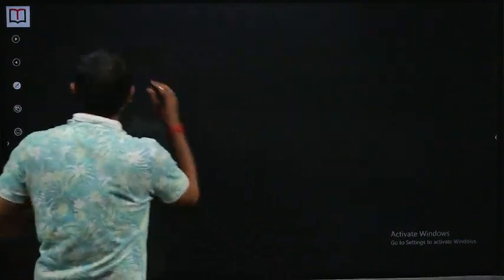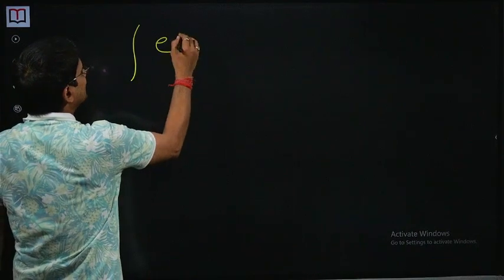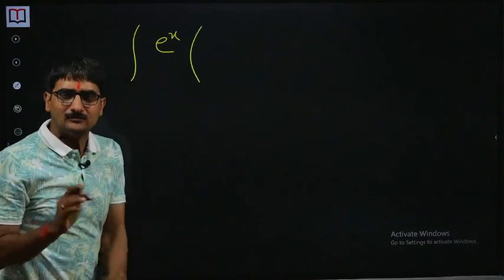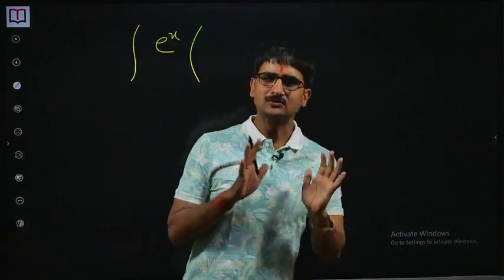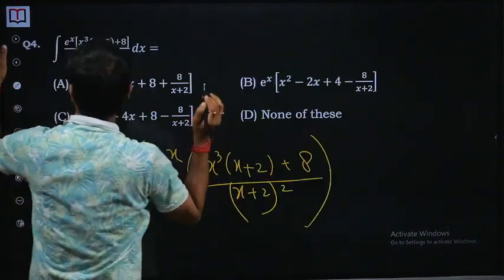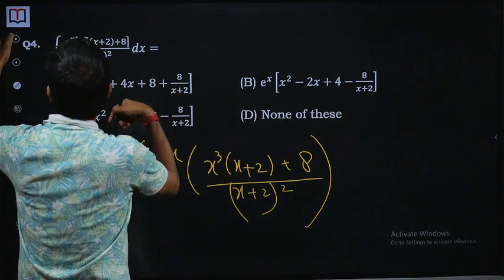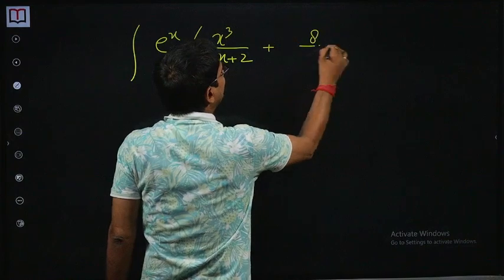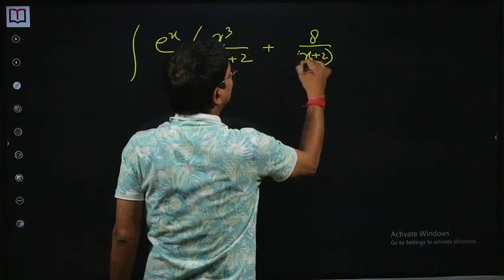It was an interesting question, because what I found here was, if you just go on simplifying whatever you have within the bracket, just go on simplifying it. So what do you get? You get x cube upon x plus 2 plus 8 upon x plus 2 whole square.